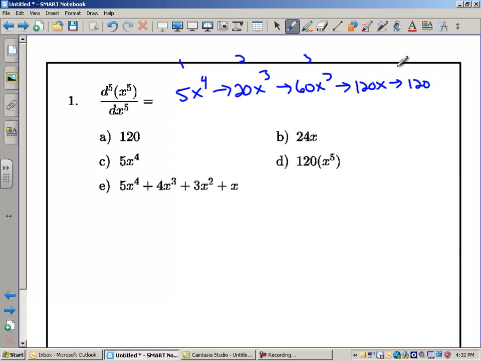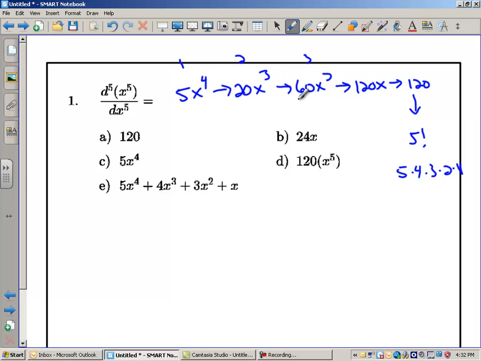Now I want you to notice what happens right here. This ends up being 5 factorial, which is 5 times 4 times 3 times 2 times 1. Why did that end up being 5 factorial? We brought the 5 down and left it there. Then we subtracted 1 off that exponent and it was a 4. Then we brought the 4 down and it made it a 20.